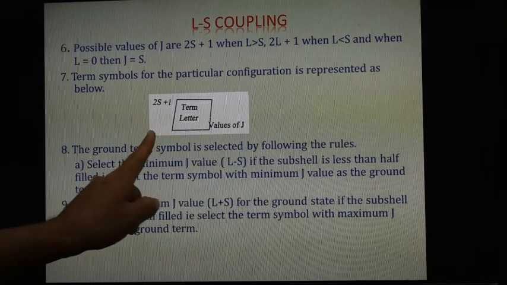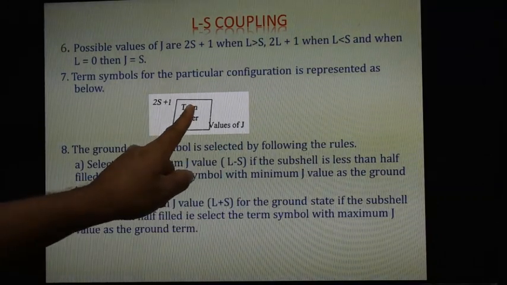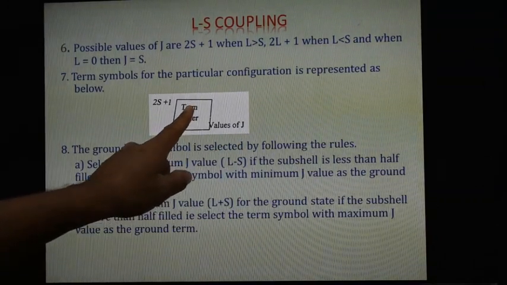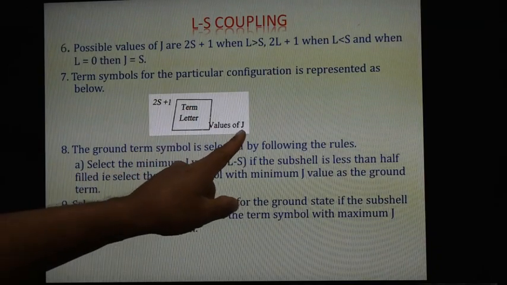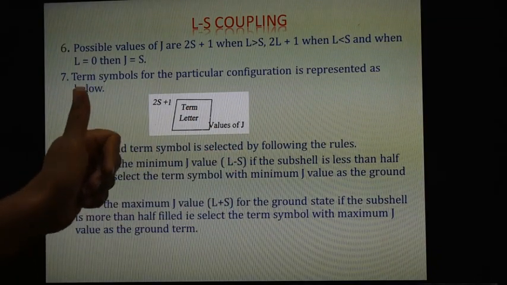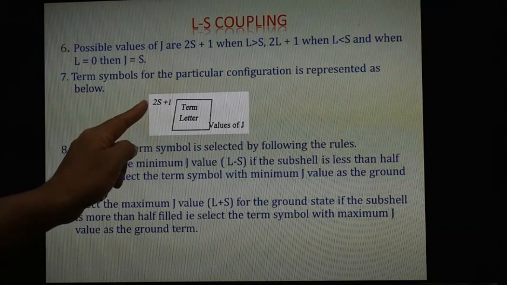This is the representation. Here is the term letter, that is S, P, D, F, any one. Here is the value of J, as we have discussed how to find it, and this is the multiplicity 2S plus 1.